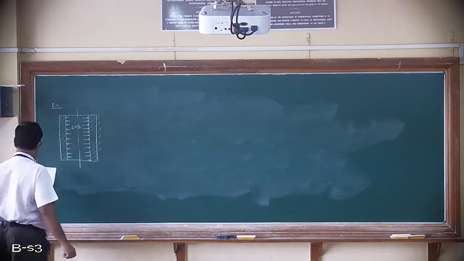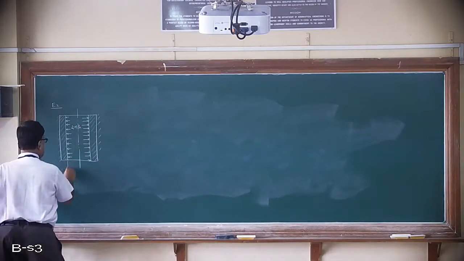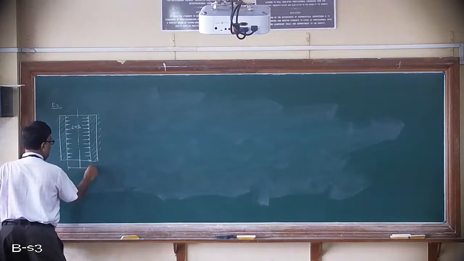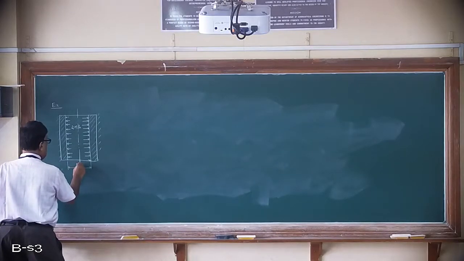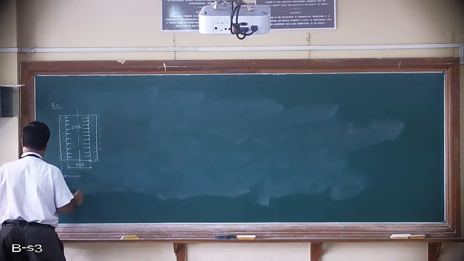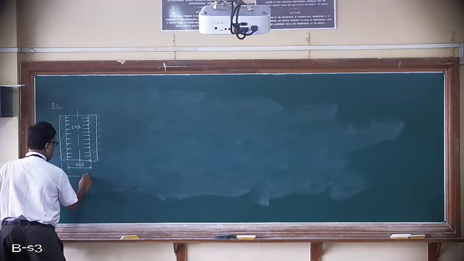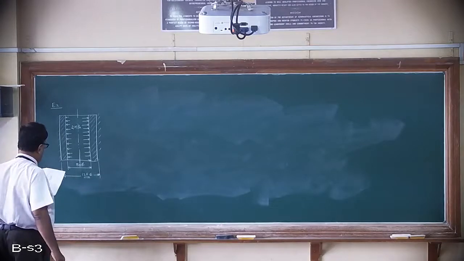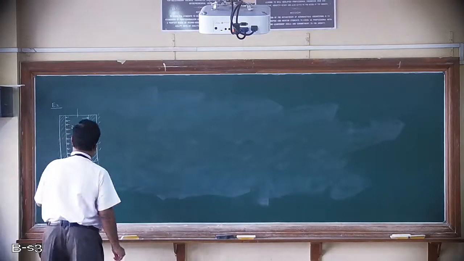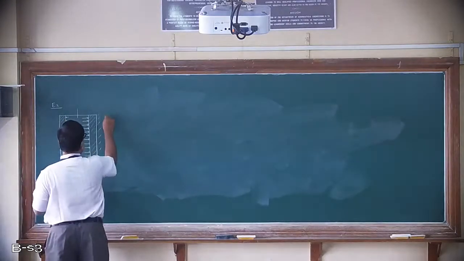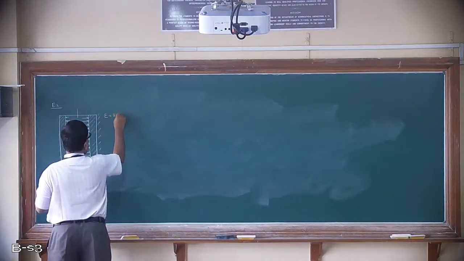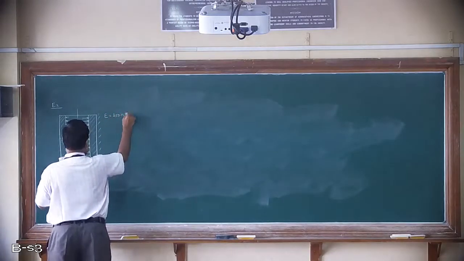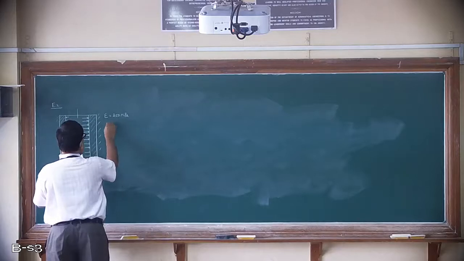And here he has given the internal diameter of 80 mm, and the diameter of the outer one is 120 mm. This is the outer diameter of the cylinder. And some of the properties which are given are Young's modulus is 200 megapascal, and the Poisson's ratio is 0.3.